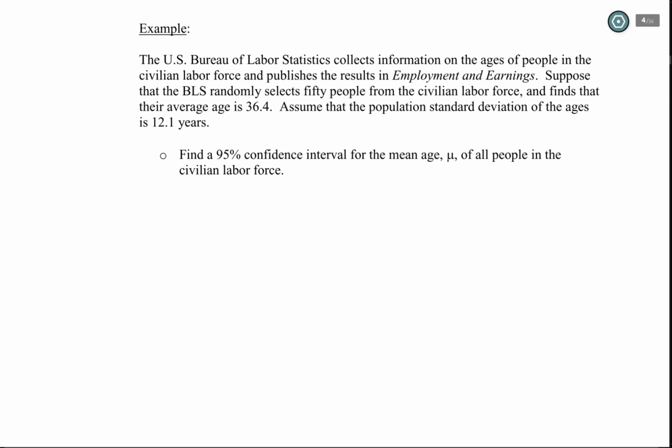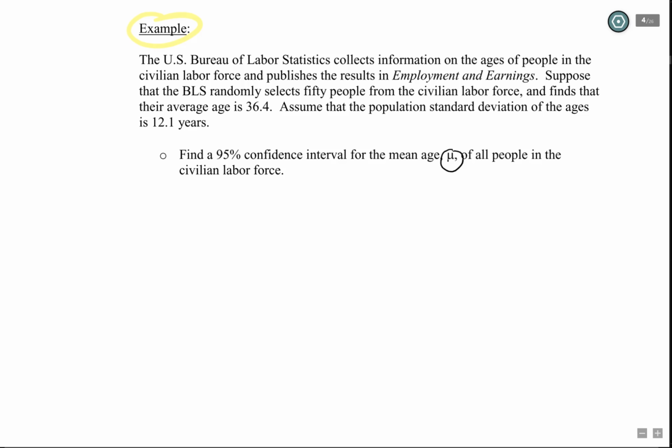Okay, so let me look at an example here to motivate some things. Take a moment to read this example, and you may want to hit the pause button. In this example, we want to estimate a population mean, the average age for all people in the civilian labor force, and that's the parameter we're trying to estimate, mu.